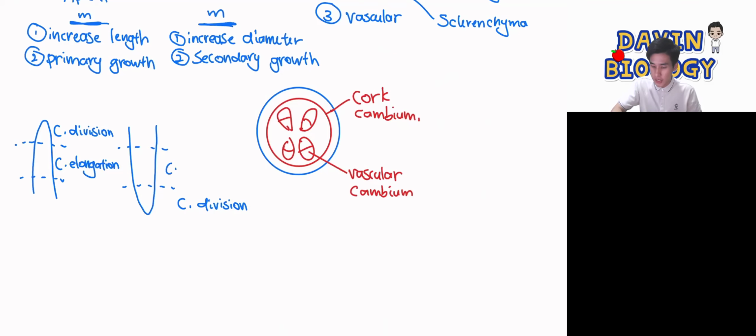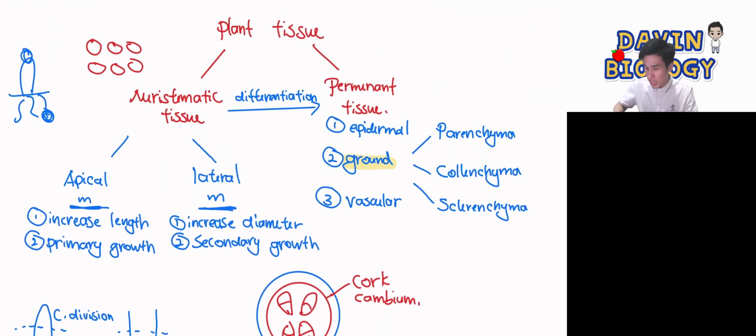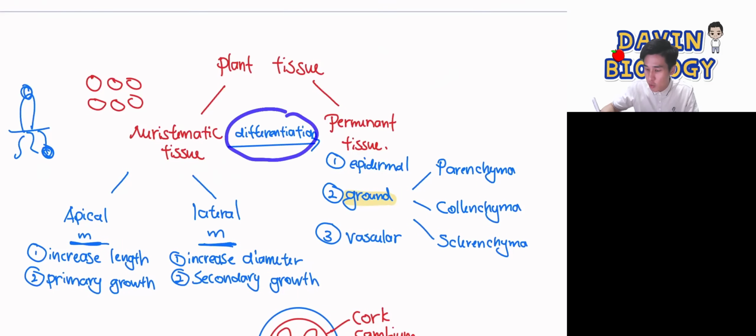Right, the zone of cell elongation. And then the final zone, as they become big already, these cells have to start to become useful. It means they will start to undergo differentiation to form all these permanent tissues.